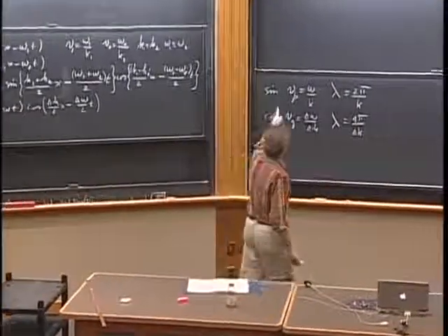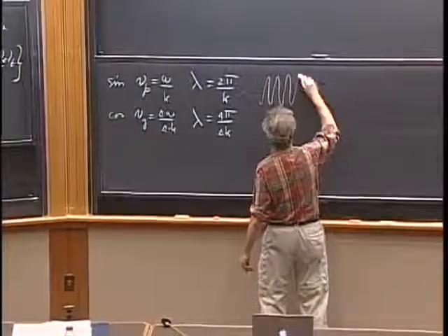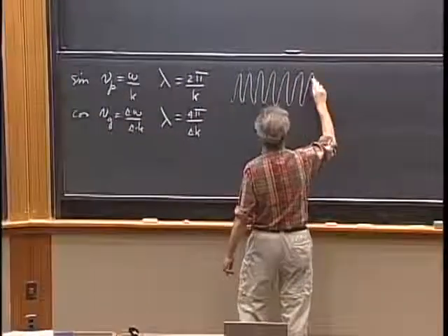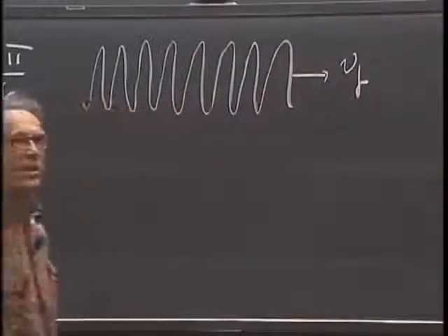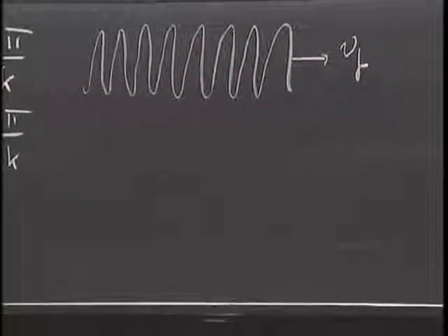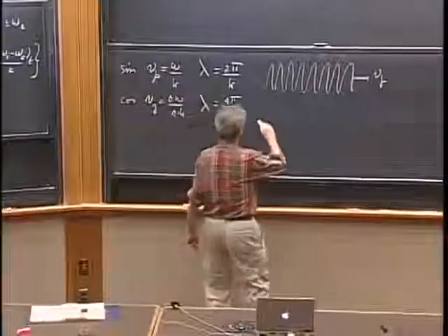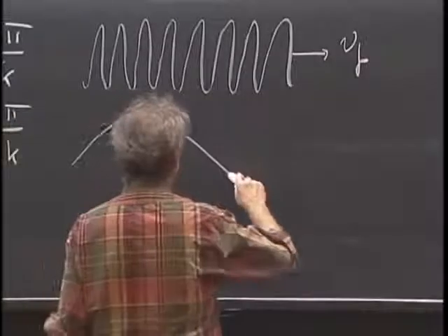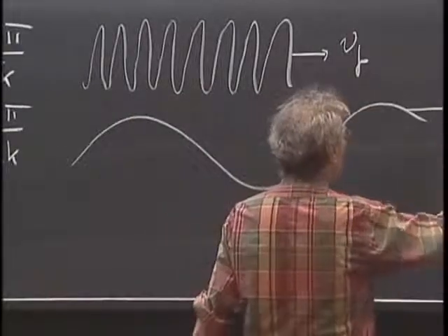If I made a curve of the sine curve, you would see this. And that moves with the velocity, phase velocity, say, in the positive direction. If I make a plot of the cosine, that would be like this. And that would move with the group velocity.